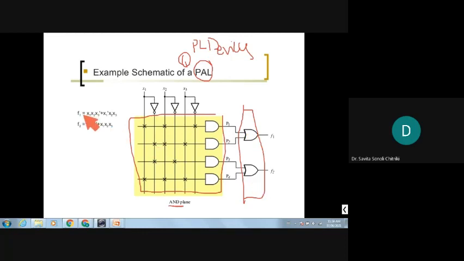Depending on the function, internally it will be mapped and routed. Is the example schematic of PAL clear to you all? Yes, ma'am. After going home, you can draw this.